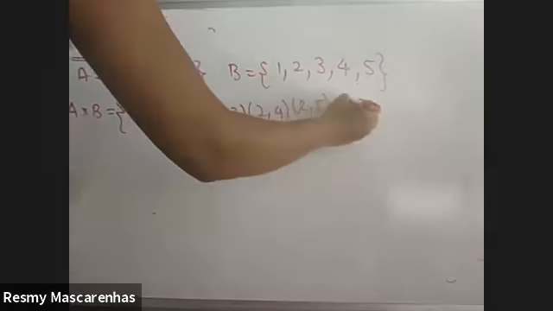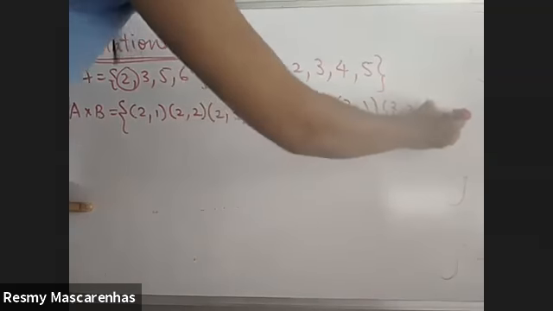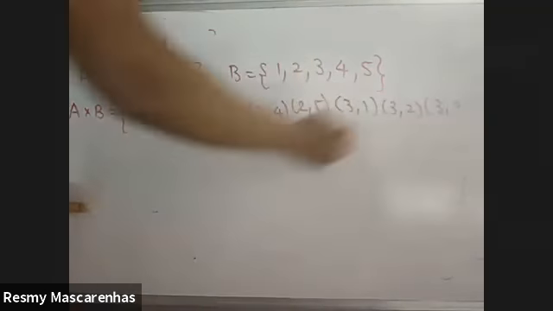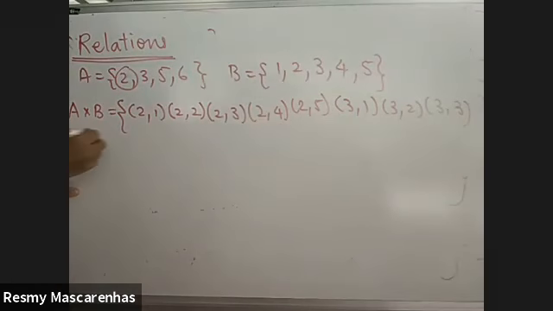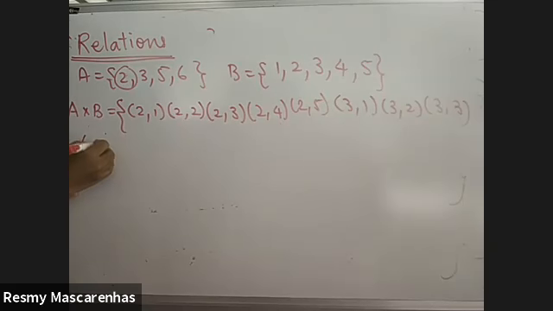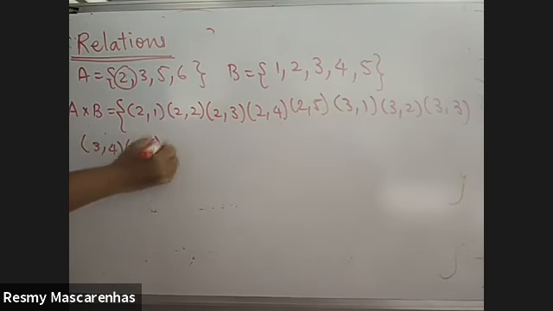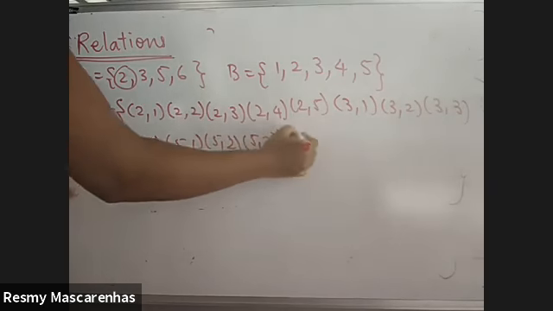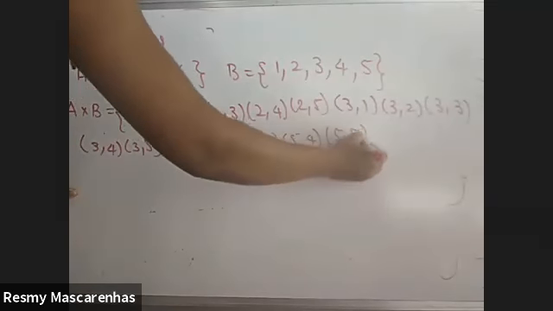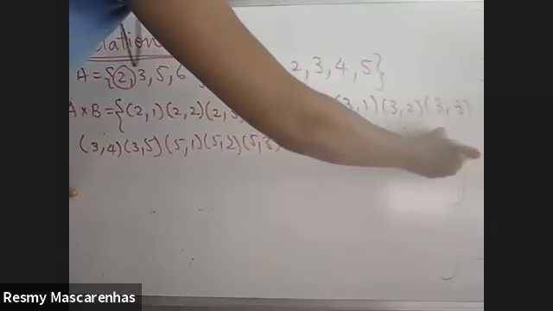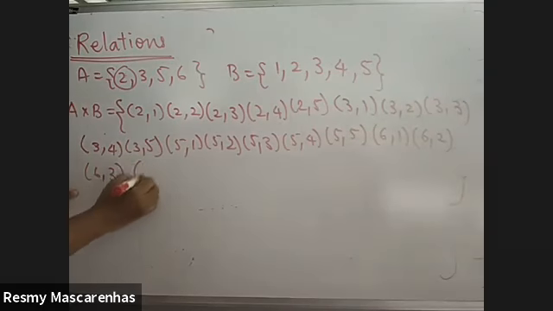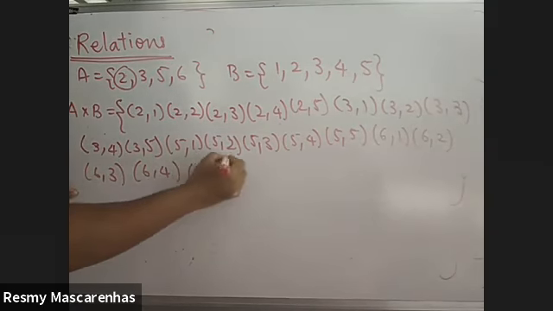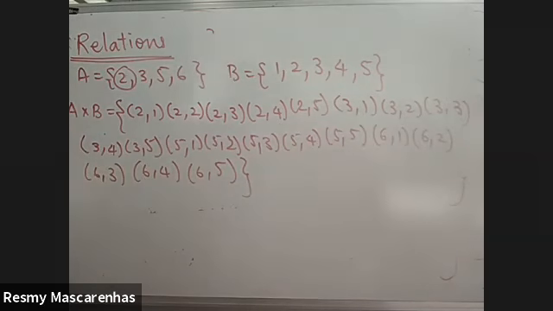Then start with the second element: (5, 1), (5, 2)... Up till (6, 5) you will get. If you want to confirm, just check if you have taken all the pairs.